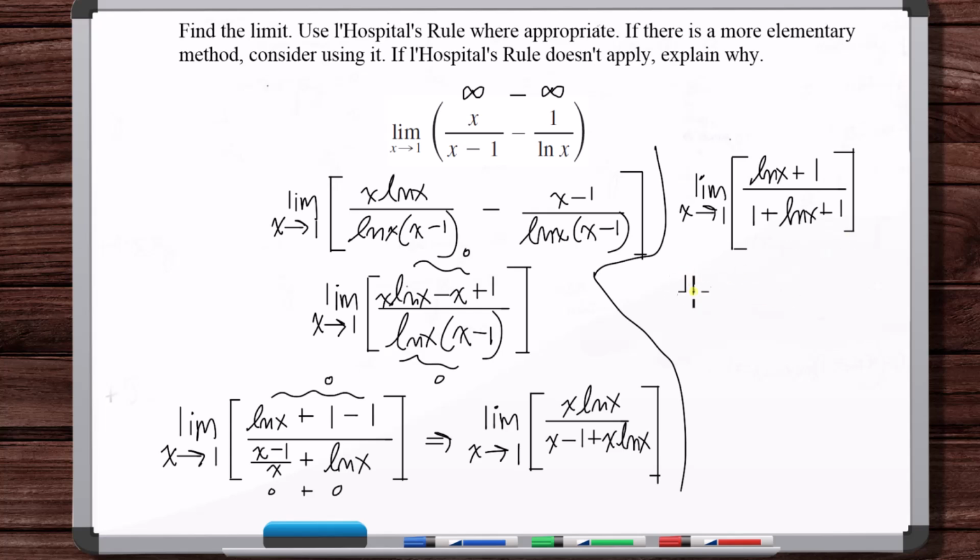So we've got the limit as x approaches 1 of natural log of x plus 1 over natural log of x plus 2. Plugging in 1, this goes to 0, this goes to 0, so 1/2.